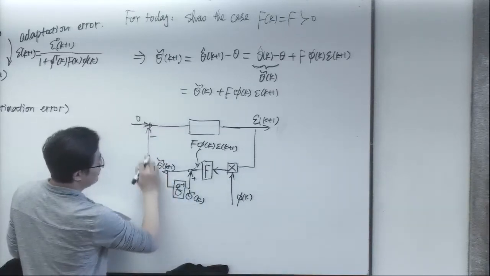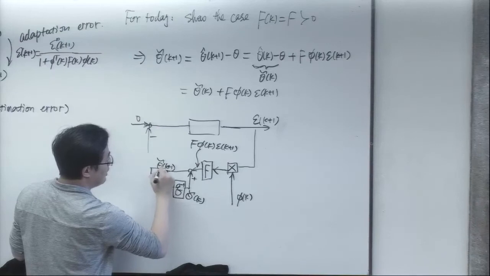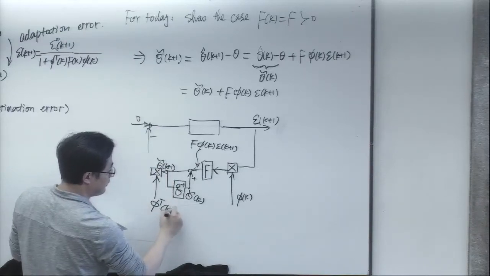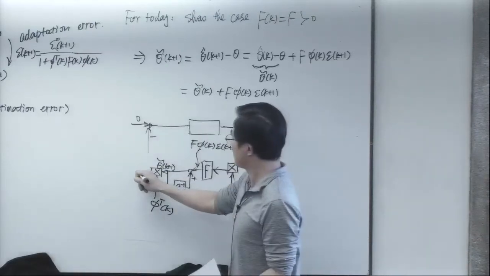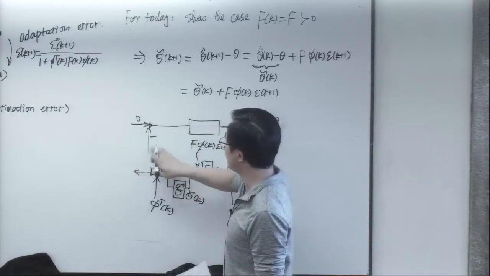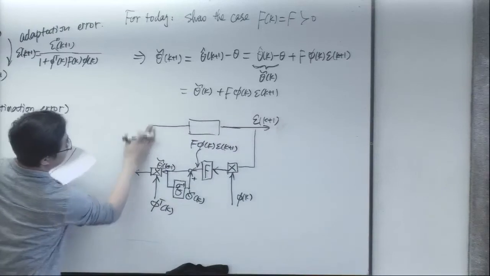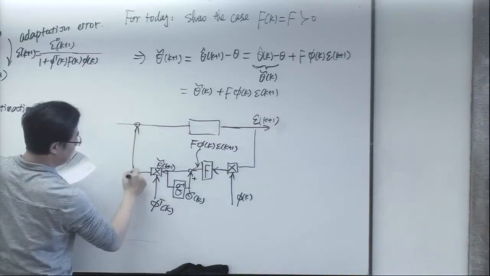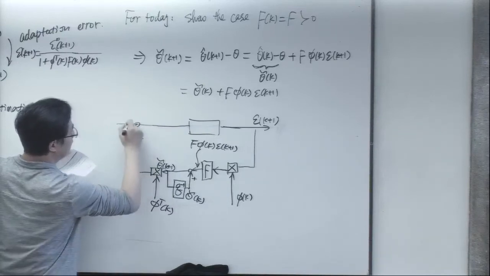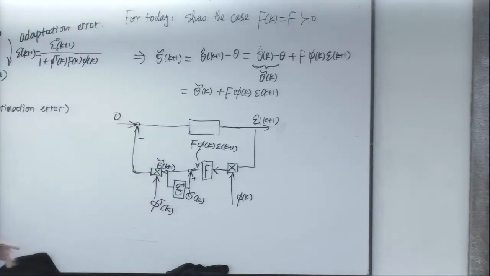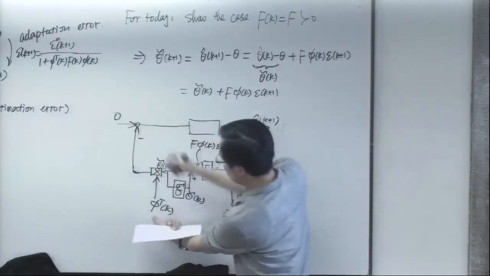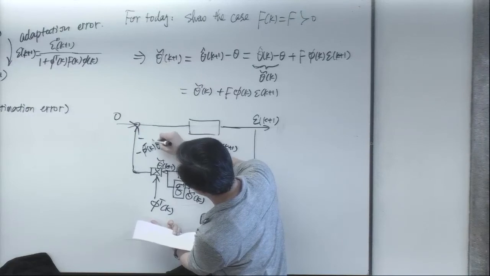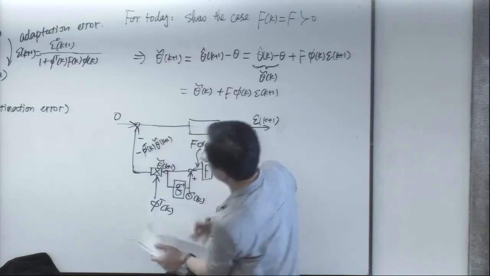So we have already theta tilde k. We multiply this with phi k. Then we will get epsilon. Okay, so this is negative phi transpose k times theta tilde k plus 1.